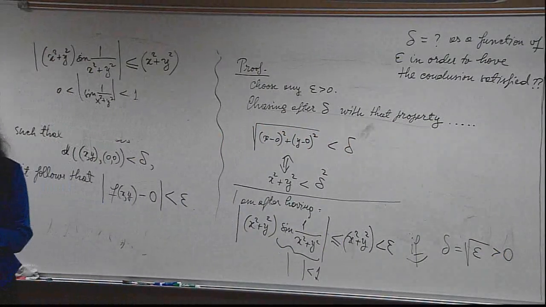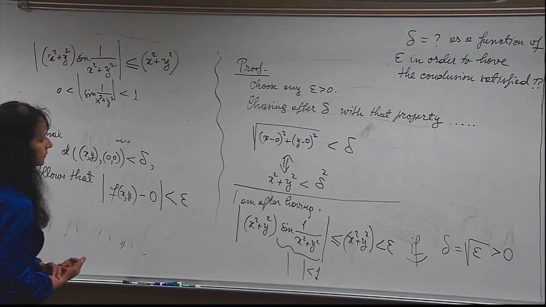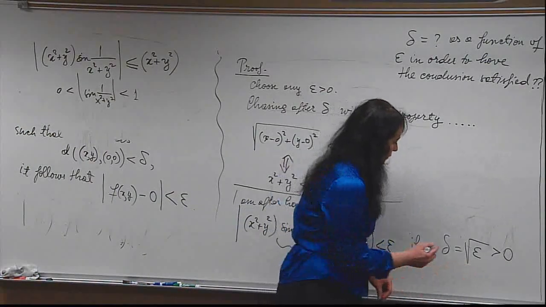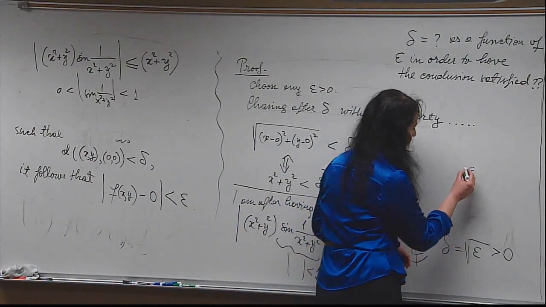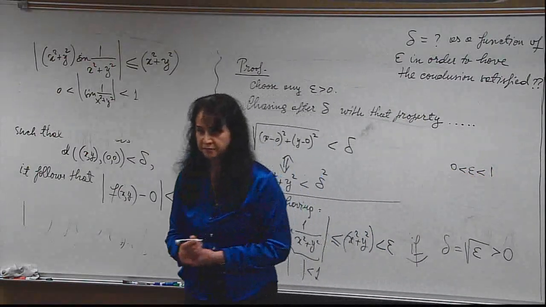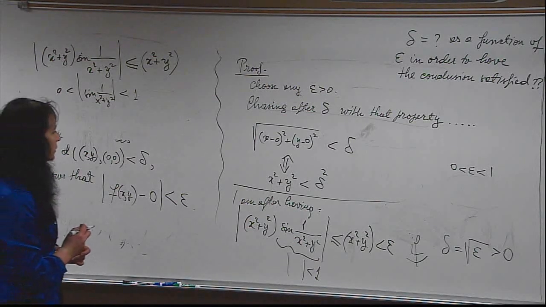If epsilon is between 0 and 1, delta is bigger than epsilon. So if epsilon is between 0 and 1, the square root of epsilon is going to be bigger than epsilon.